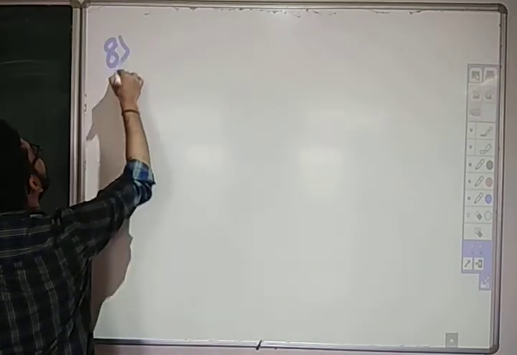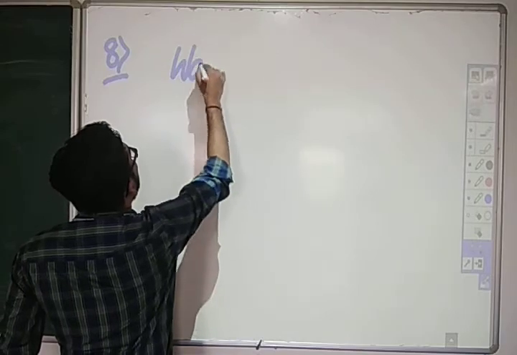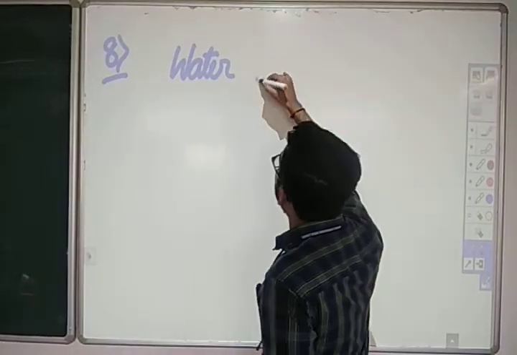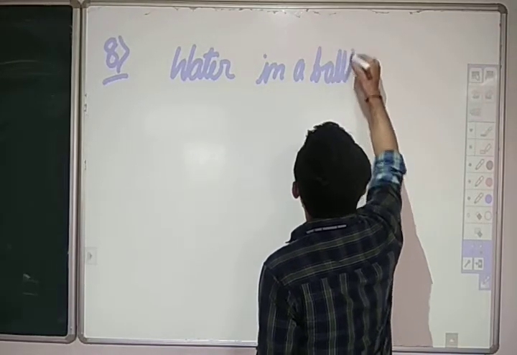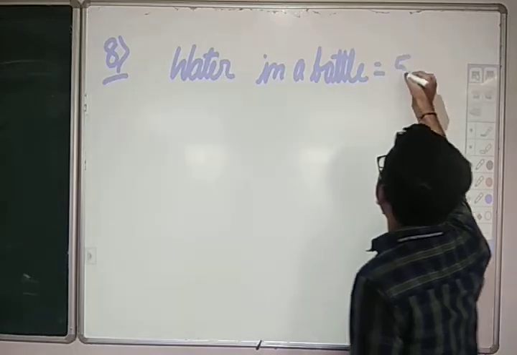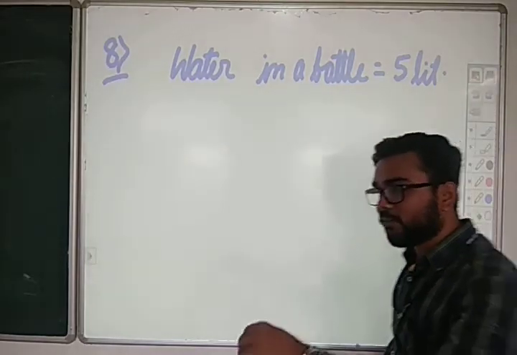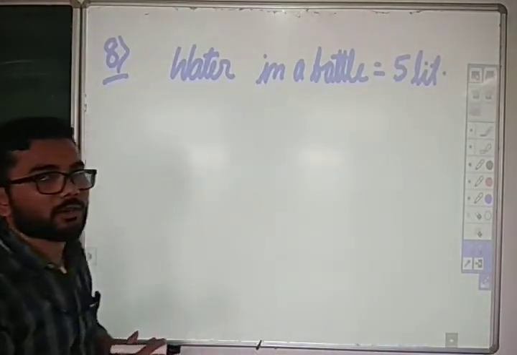Question number 8. The water in the bottle is given, what? 5 liters. 5 liters of water in the bottle.